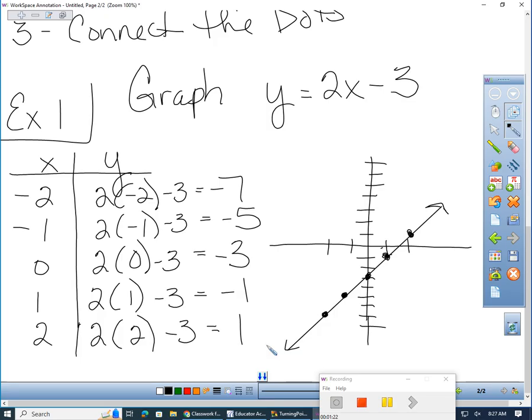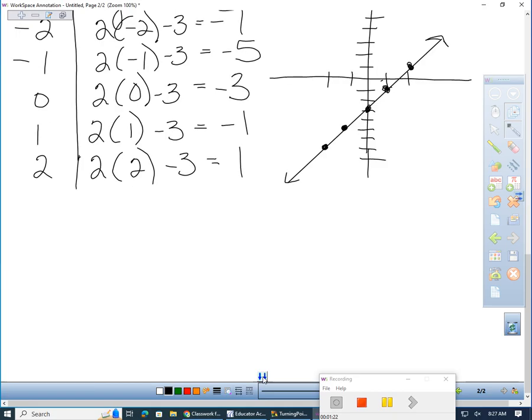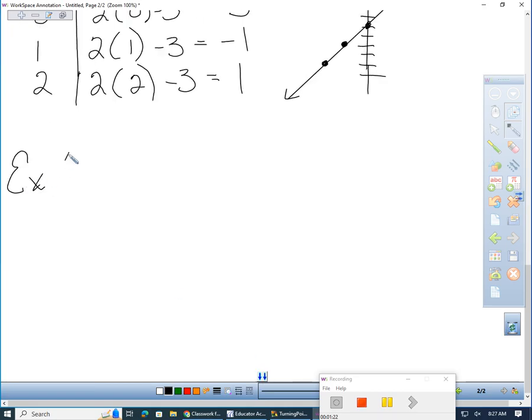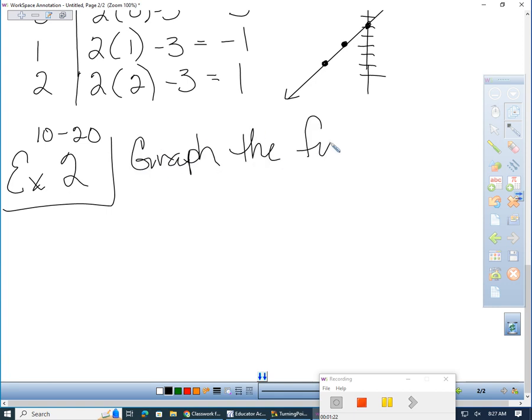All right. So here we go with example number 2. This is exactly what you are doing for 10 through 20. Graph the function rule.